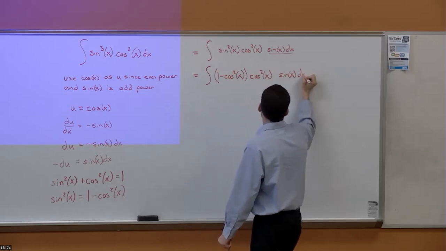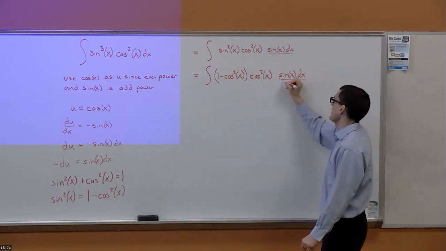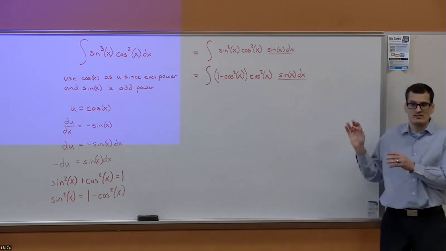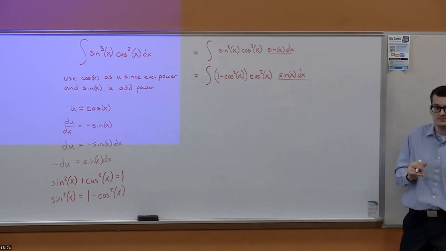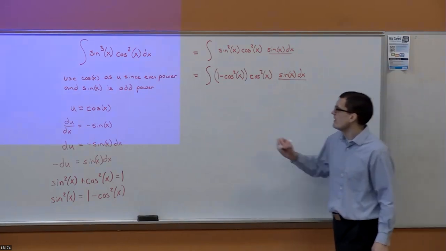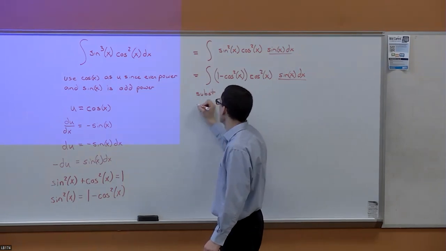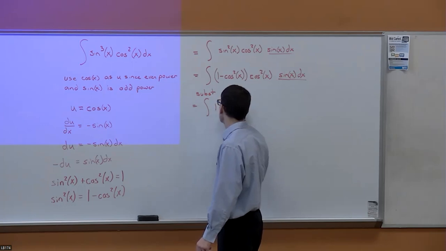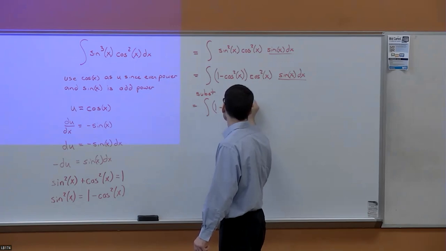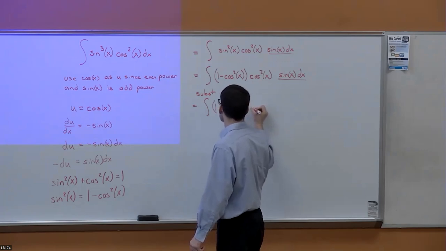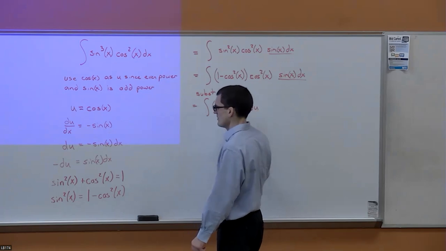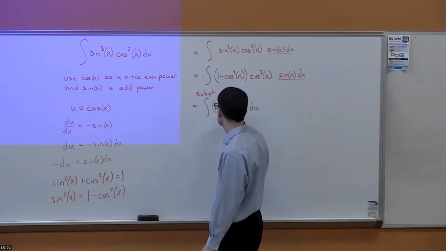And because I know I'm gonna exchange that sine x dx, I'm just gonna leave the sine x dx alone. Now we can substitute. That gives me 1 minus u squared multiplied times u squared times a negative du.